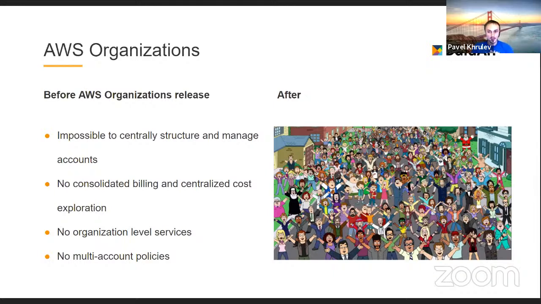But talking about big organizations and about enterprises, actually, they have a lot of workloads, and mostly they have very strict security requirements. And actually, what is the best way to live in a multi-account environment, to live in AWS Organizations?